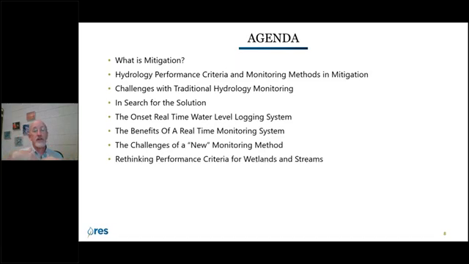Mamadou is going to step in and go over the actual technological solution Onset developed. Then we'll come back to me to touch on the benefits of the real-time solution, some of the challenges you always have when adopting new methods, and a little about rethinking some of the performance criteria and other ideas within a mitigation context.